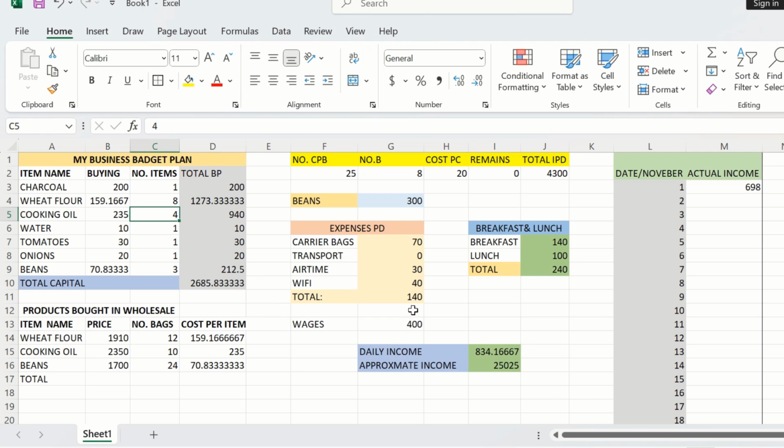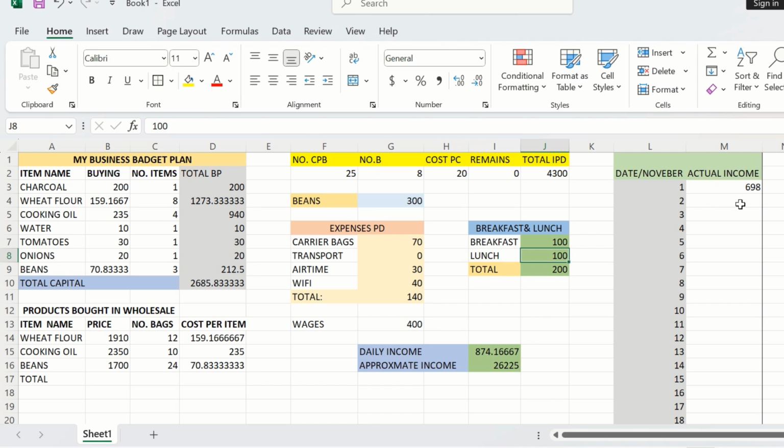Then after deducting any other expenses, so on that day maybe the breakfast was normal and they ate 100 shillings for breakfast and lunch as well. So then your daily income is 874, isn't it? 874.